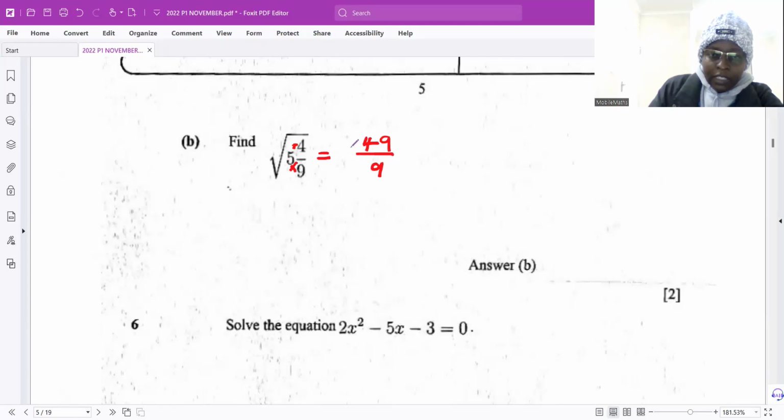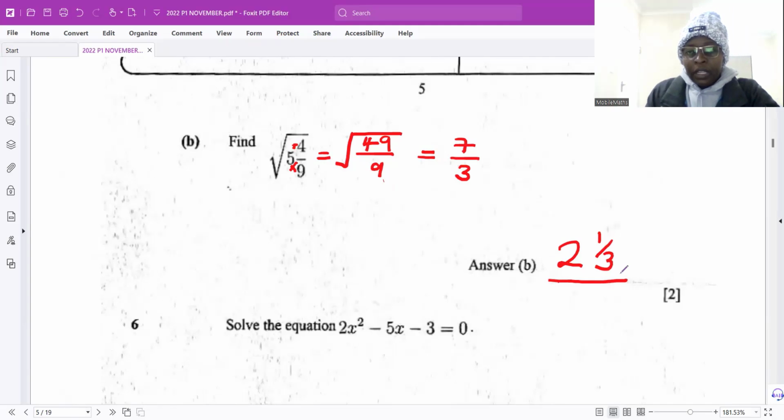So we are simply finding square root of 49 over 9, of which square root of 49 is equal to 7. Square root of 9 is equal to 3. Now rewriting this as a mixed fraction, we get 2 wholes and 1 over 3 is our final answer.